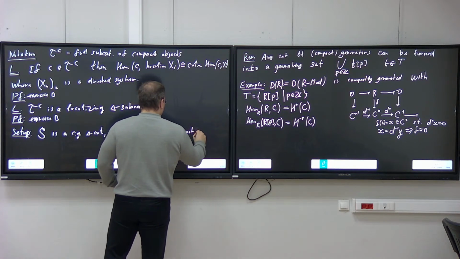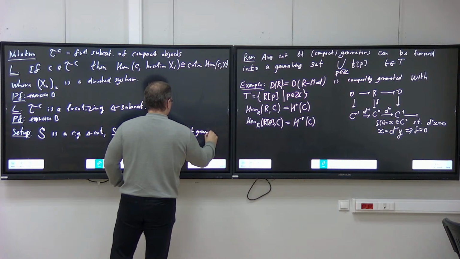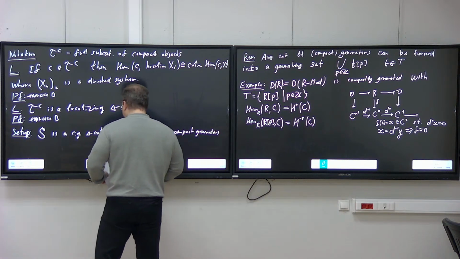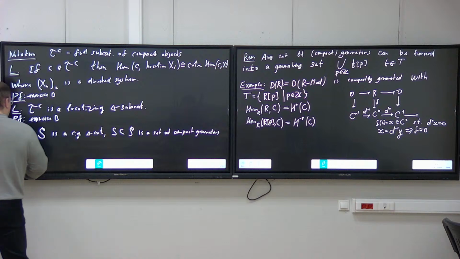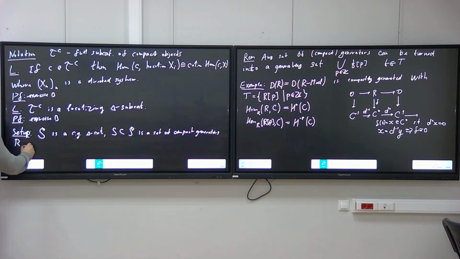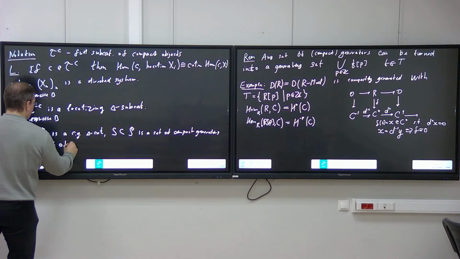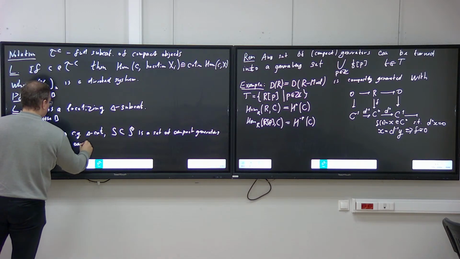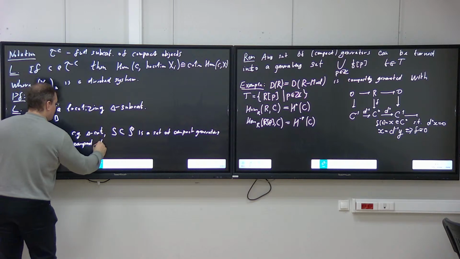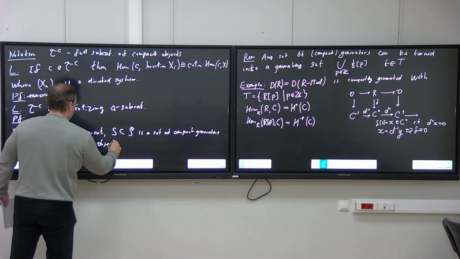Now I want to take R, which is a set of compact objects.